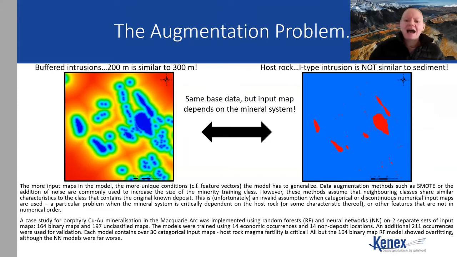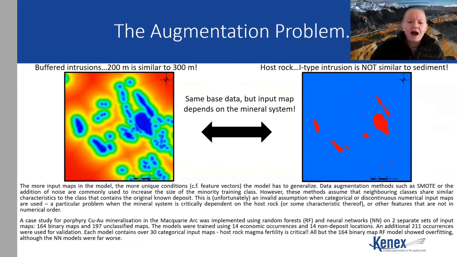So in this case, the neighboring class here is actually not similar geologically to the original class. So if our original training point is in an I-type intrusion, as it would be for a porphyry copper gold mineral system, putting an augmented data point in the neighboring class, which could be sedimentary, is not geologically valid. It's putting it into a non-permissive geological setting, right?